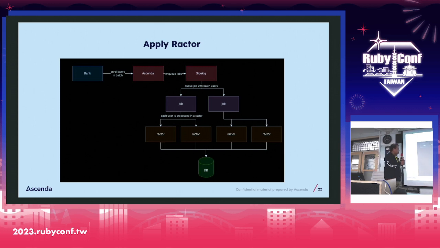So in a single job, we can iterate over each user, and each user can be processed by a Ractor. After processing successfully, we can save it to the DB. I think it's just a small change compared to what we have.